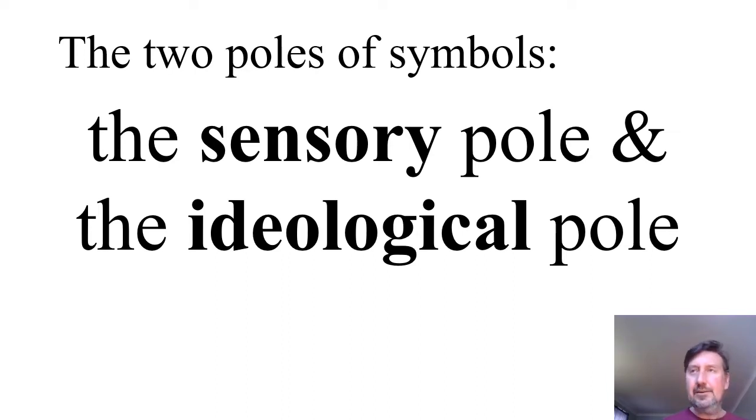We see the cross and we imagine, if we're Christians, I'm not, his suffering up there on the cross, the passion of Christ, and this has an emotional connection to us. On an ideological pole, the cross symbolizes and has a connection to the value of Christian sacrifice, one of the important values of that religion.